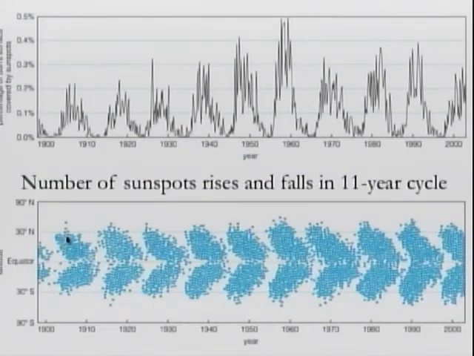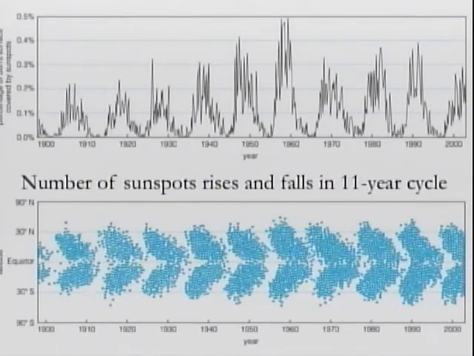These are two representations. This is the percentage of sunspots, and this is the number of sunspots as a function of latitude. So you have more sunspots at lower latitudes than at high latitudes.